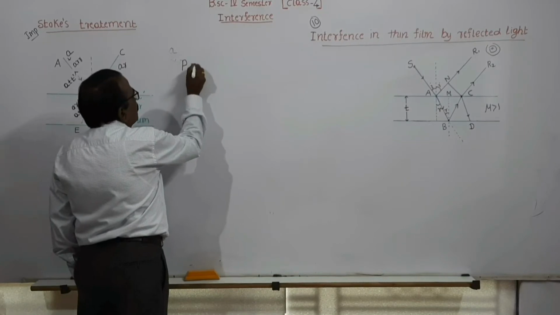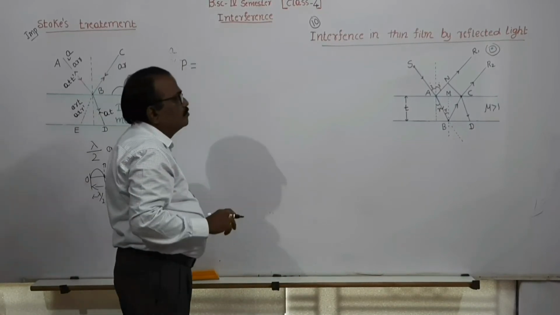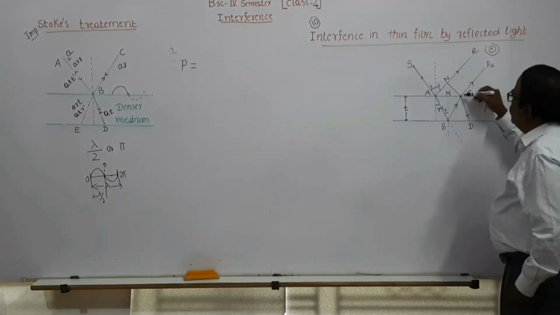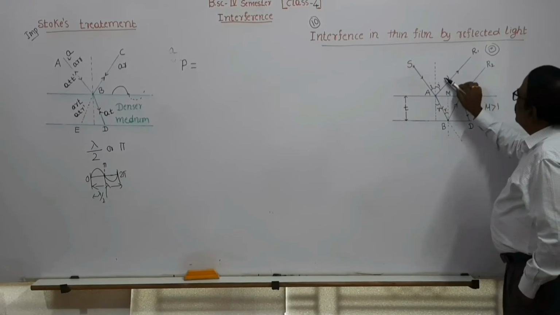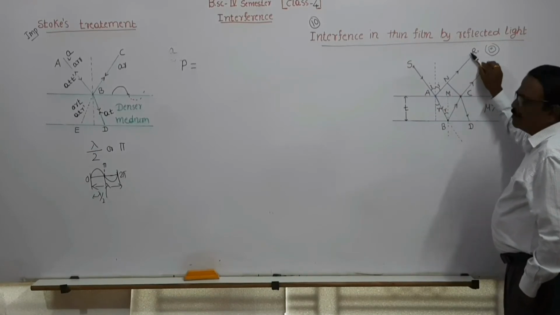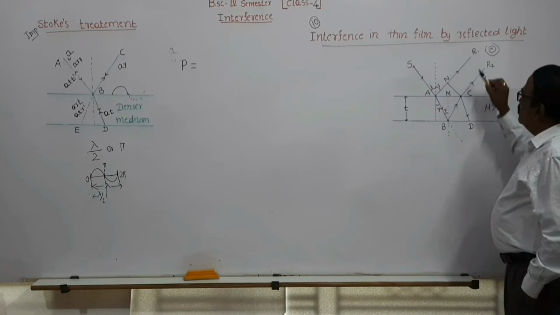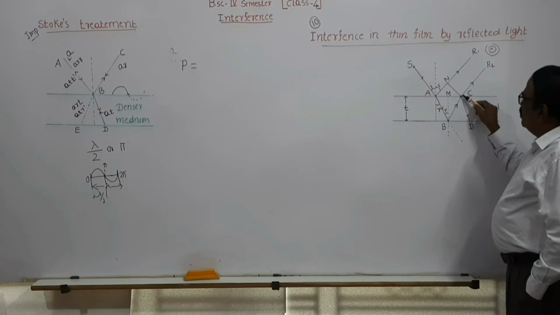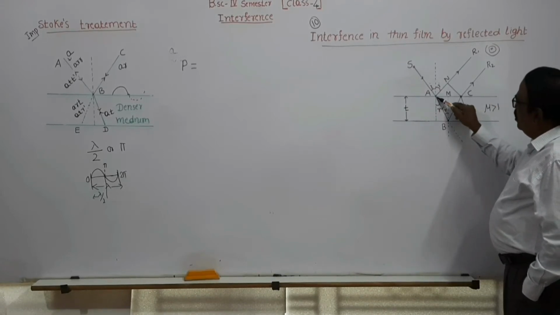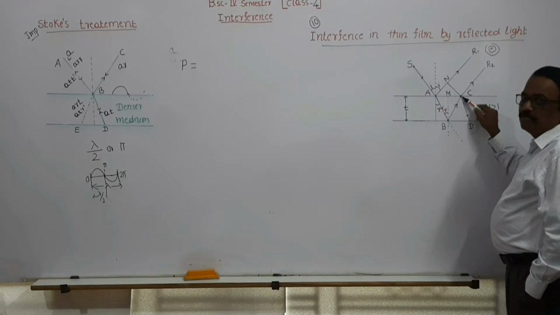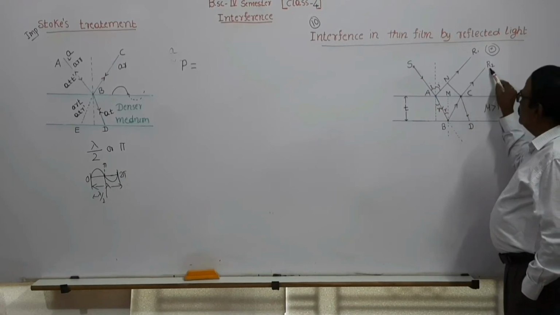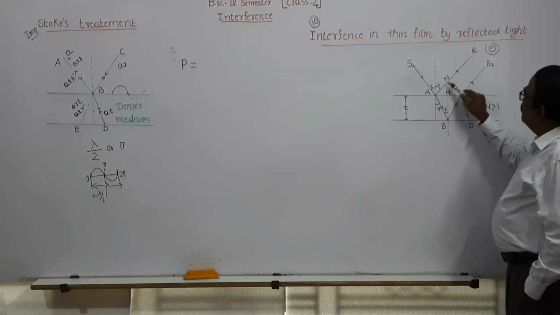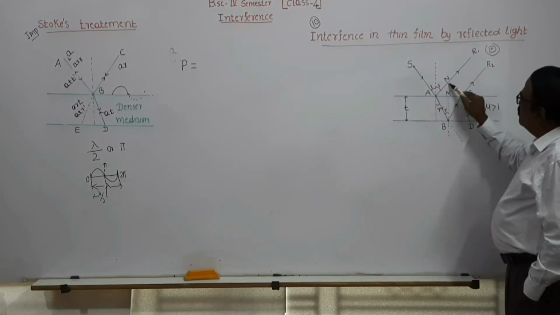So between the two rays, see here, from N and C, both the waves are traveling the same distance. But the wave which passes through C has traveled an extra distance along ABC. If you consider from N and C, this wave has got an extra distance AN.